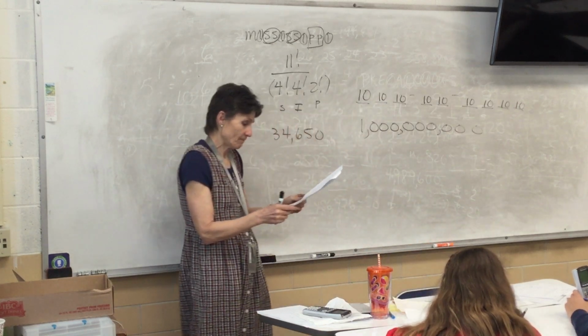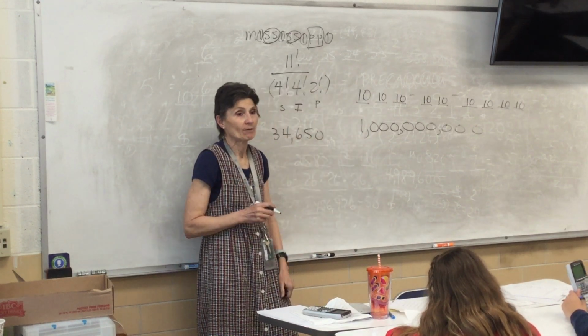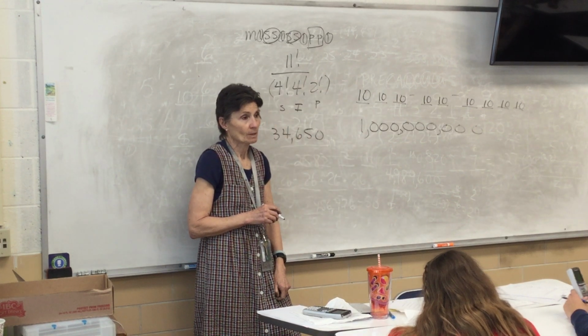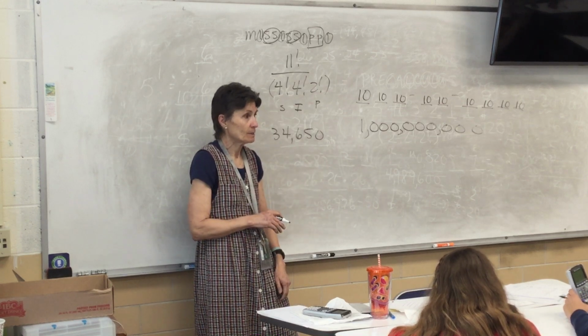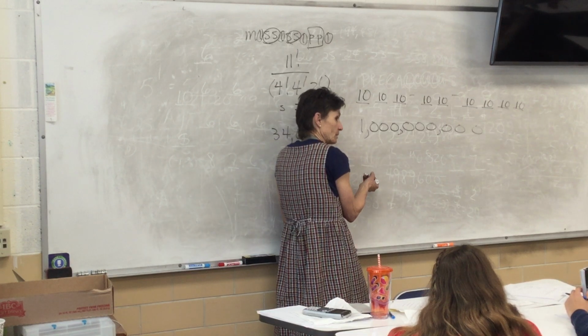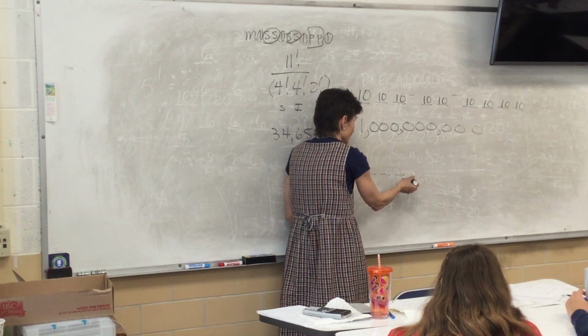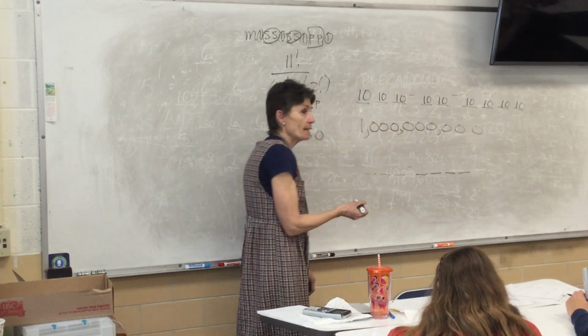How many telephone numbers are possible in the 317 area code? All right, so you got 317, that's your area code. Right now, how many phone numbers are possible? What's a phone number look like? Three, and then four.